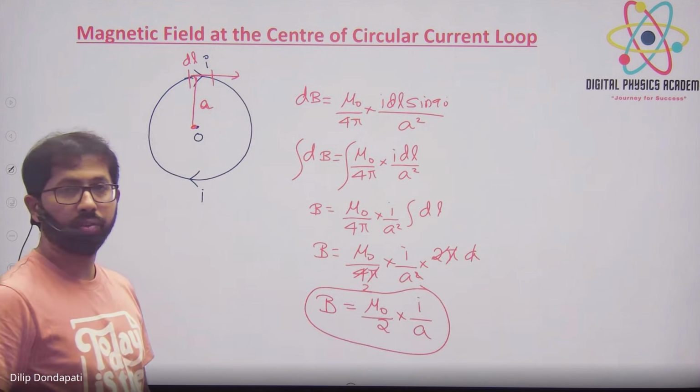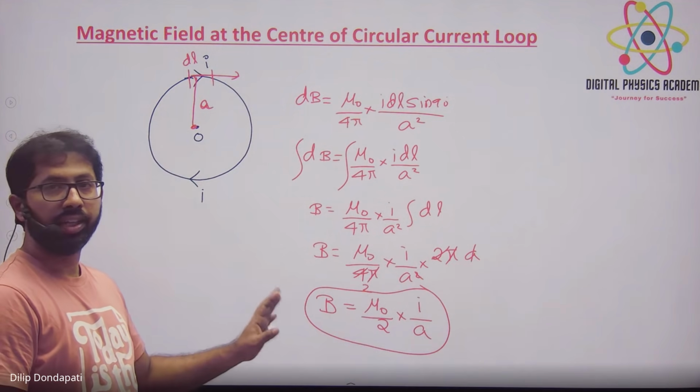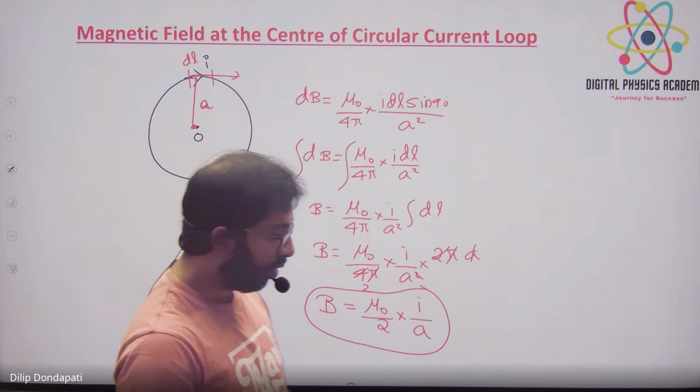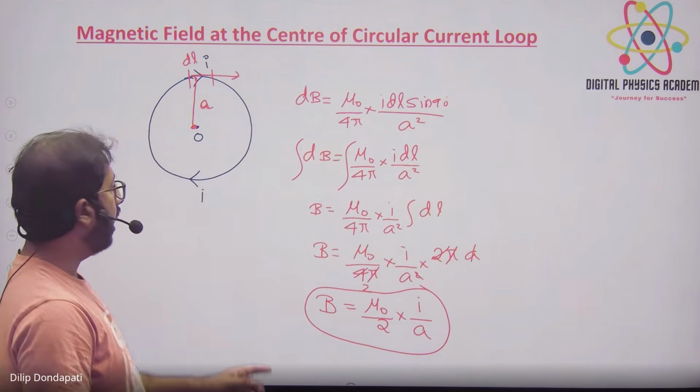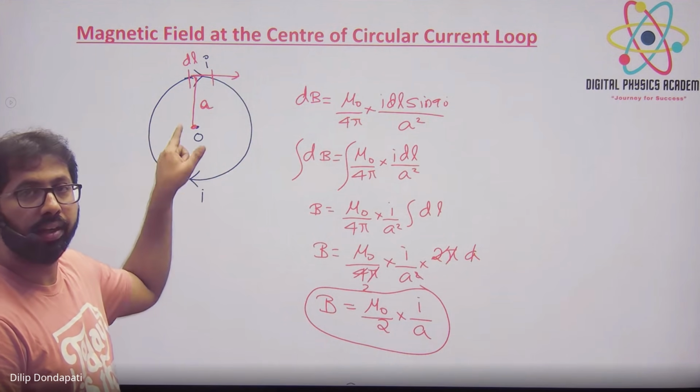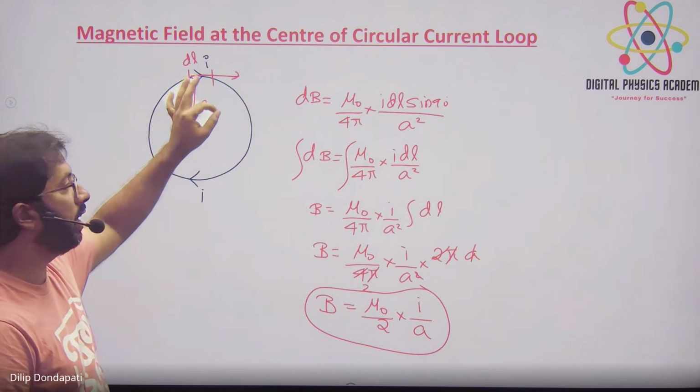This is a formula you have to know. Second shape का first formula: mu naught by 2 into I by a. And this is only for one turn, one single coil.